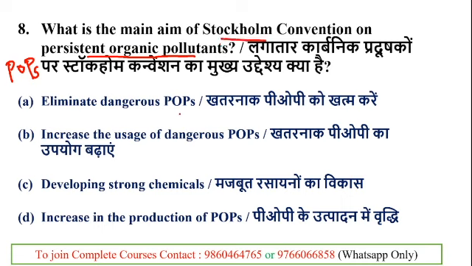The options given are: one, to eliminate dangerous POPs; one, to increase the usage of dangerous POPs; and the other, to increase the production of POPs. So increasing the usage of POPs and increasing the production of POPs do not fit, because both would give a negative implication to the convention. So eliminating the dangerous POPs is the right one, and this is the answer.